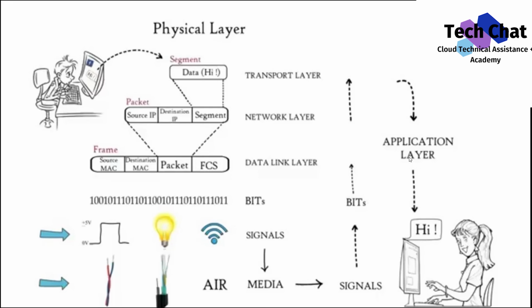So guys, I think you understood about the OSI model. So this is how data flows over the internet using any media. I think you must have this idea if you are willing to work as a network engineer in future. So I believe you got an idea with this video.